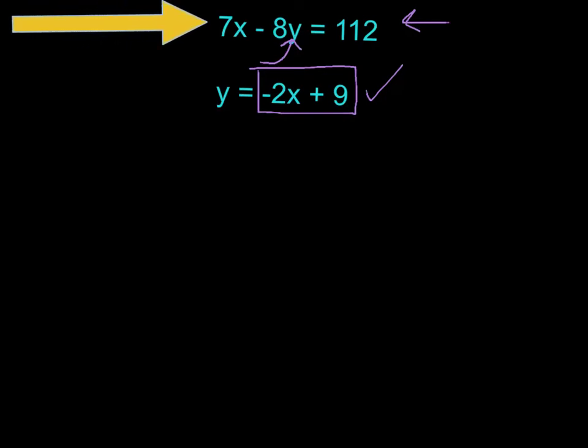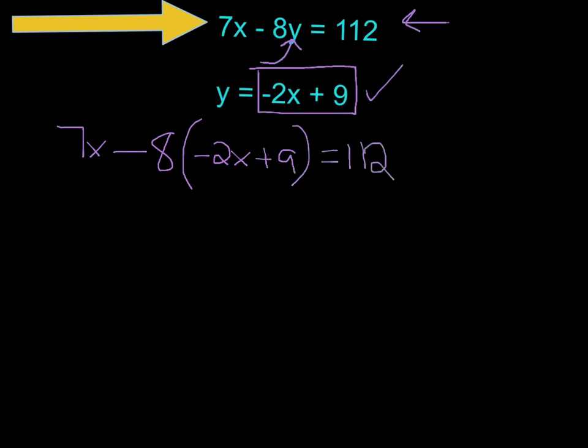So I'm going to rewrite this top equation, but I'm going to have the bottom equation substituted in for it. So I have 7x minus 8y, but y equals negative 2x plus 9, and that equals 112. So now I need to solve for x.